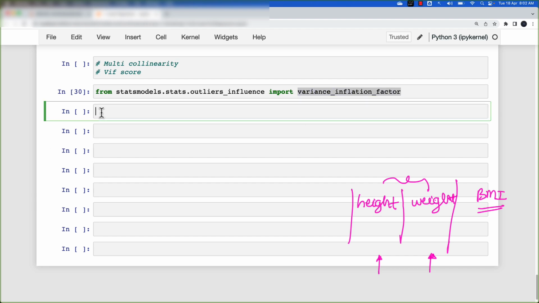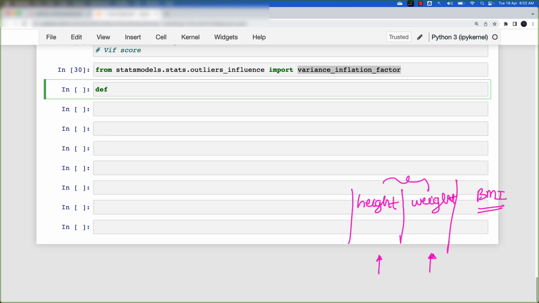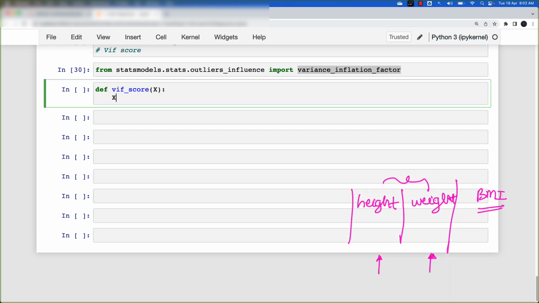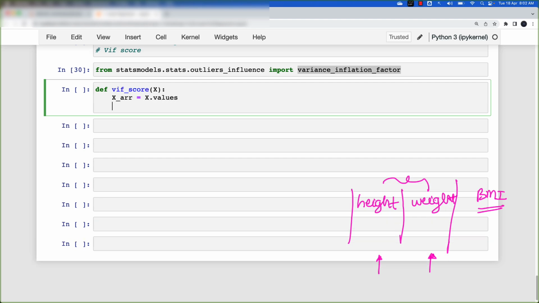So I'll start by defining my own custom function. I'll say def vif_score, and I'll get the data that is X, which I'll be sending in the pandas data frame format. I'll extract it in the format of an array by getting the values attribute.